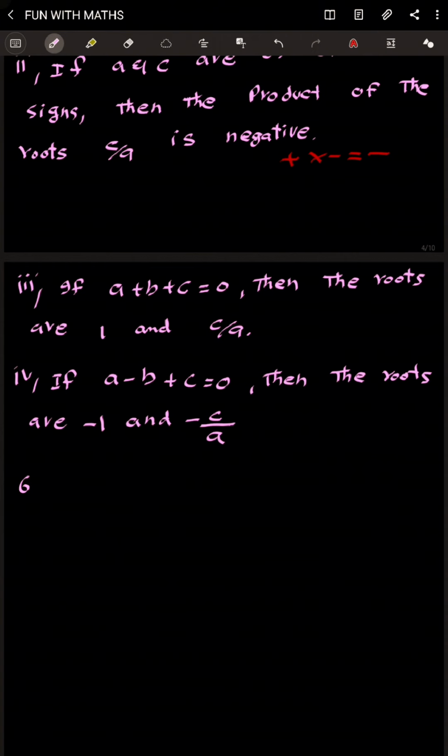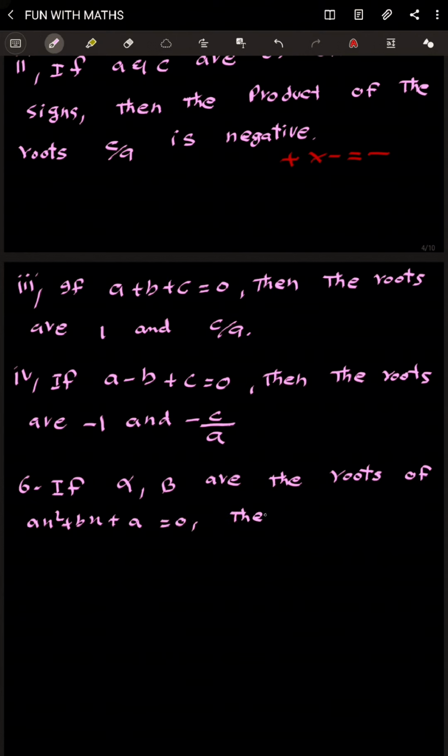So moving on to the next one. If alpha, beta are the roots of ax square plus bx plus a equal to 0, then the roots are reciprocal to each other.